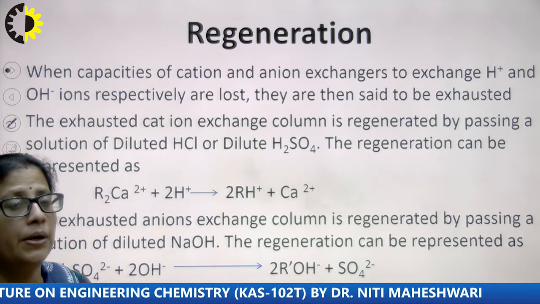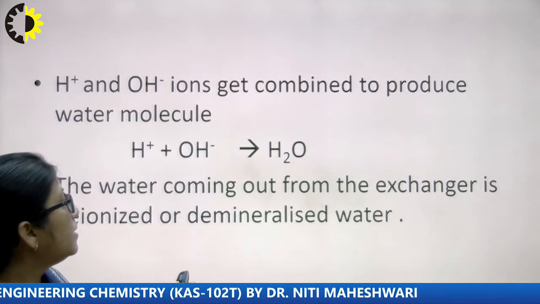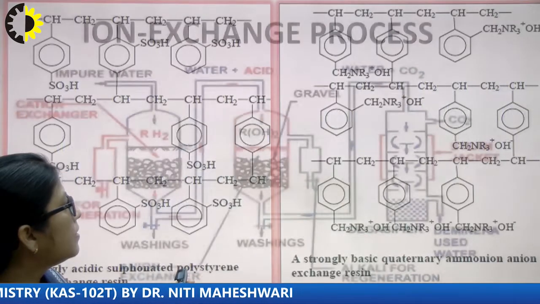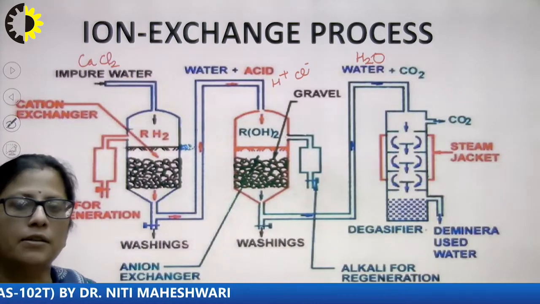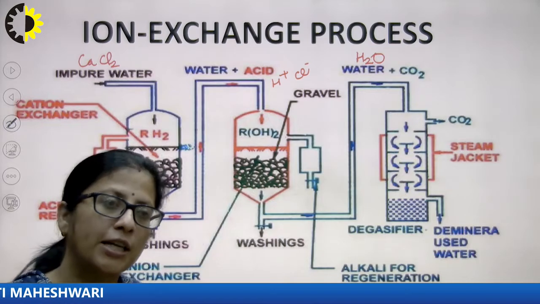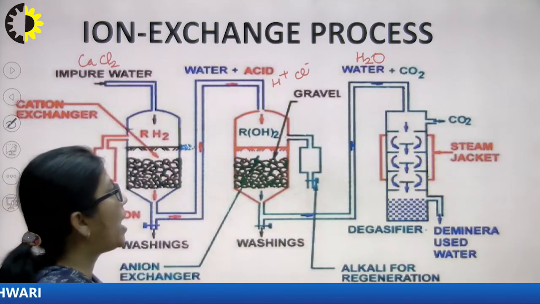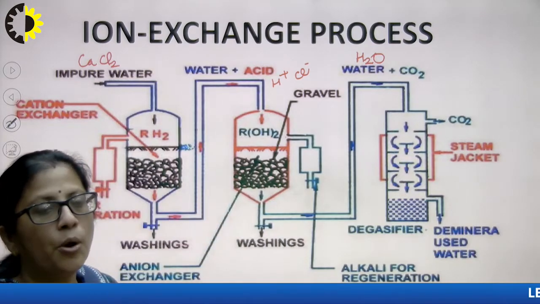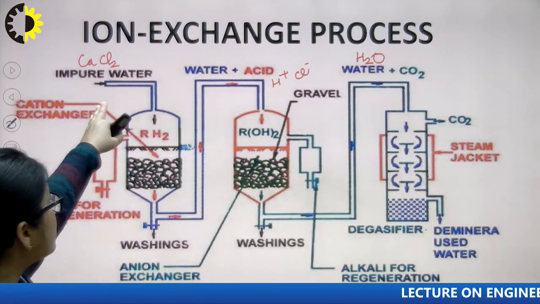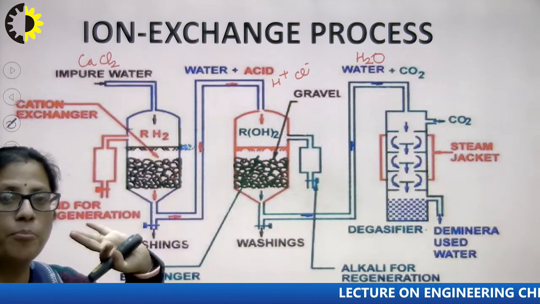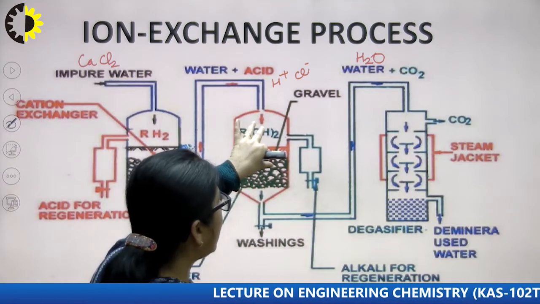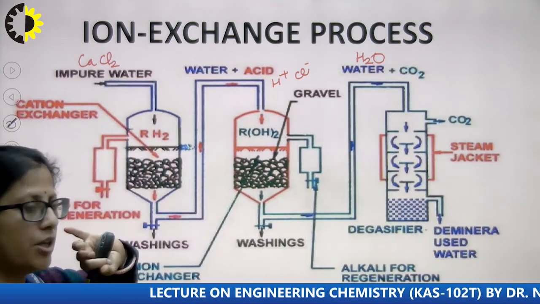Now this process is always run in this order only, that first the hard water is passed through the cation exchanger, and only then through the anion exchanger. Why is it so? Because the reverse of the process is not possible. What I mean to say is that we cannot pass water first through an anion exchanger and then through a cation exchanger.